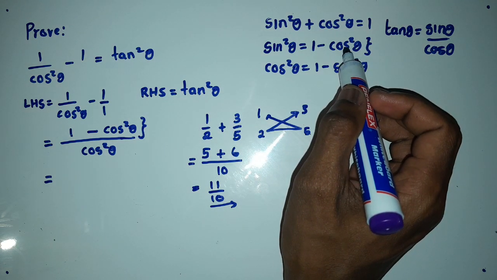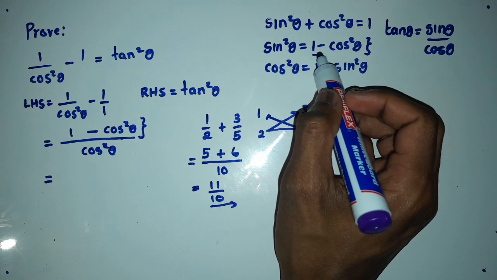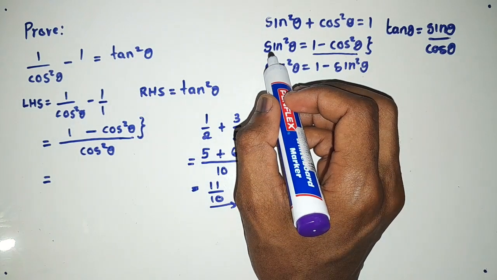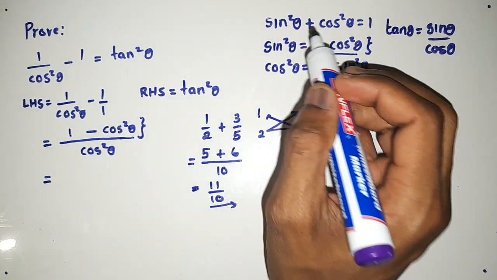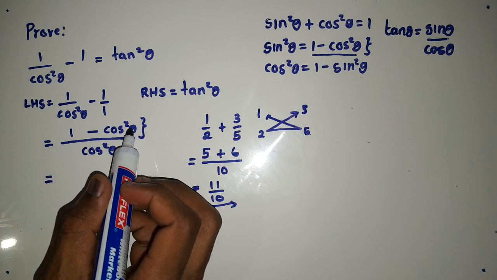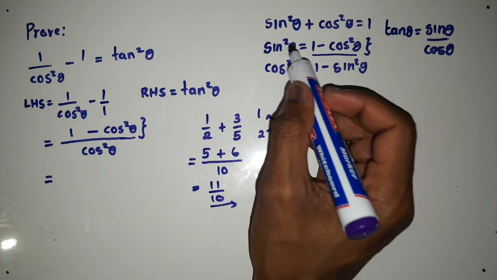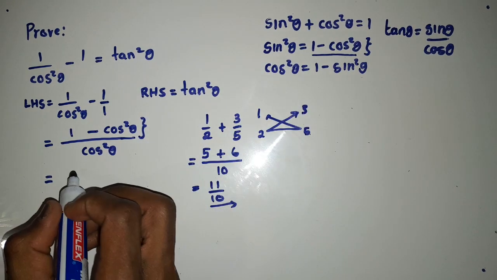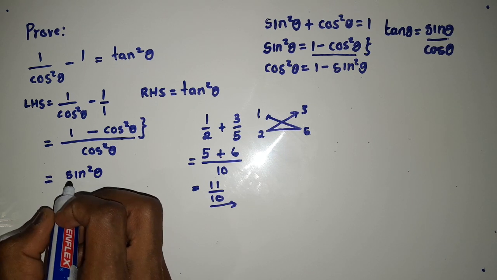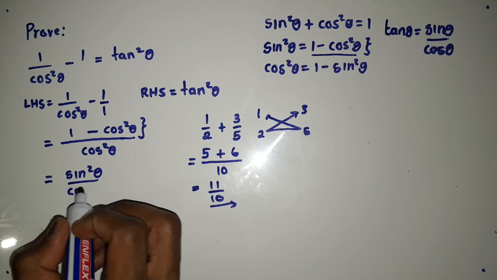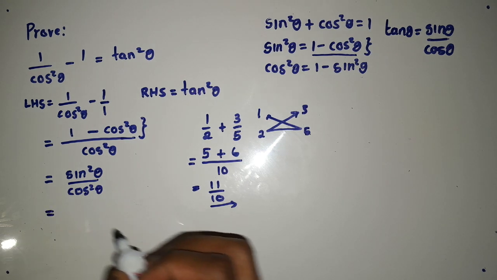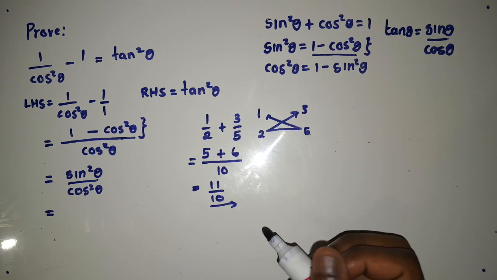So where we see 1 minus cos squared theta, we can substitute sine squared theta. I replace the entire expression with sine squared theta, and it's going to be like this. Then we divide by cos squared theta.